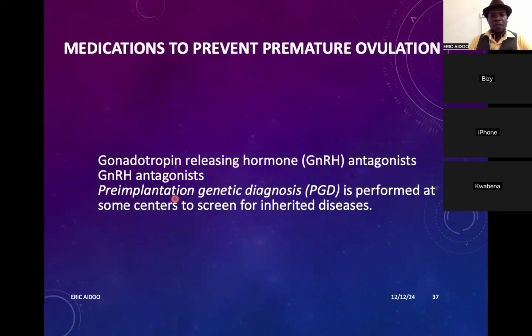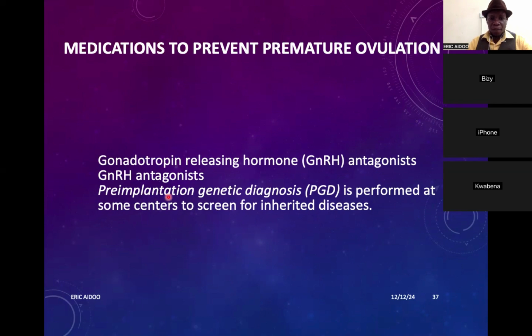Then you can also give some medications to prevent premature ovulation. Okay, so you have some agonists and antagonists. All this is just a hormonal game. Okay, so either the hormone that will trigger or the hormone that will prevent. You can decide which one per the need. Okay.